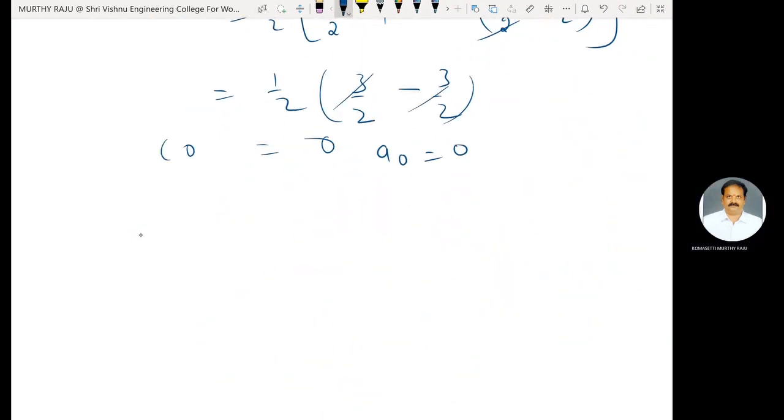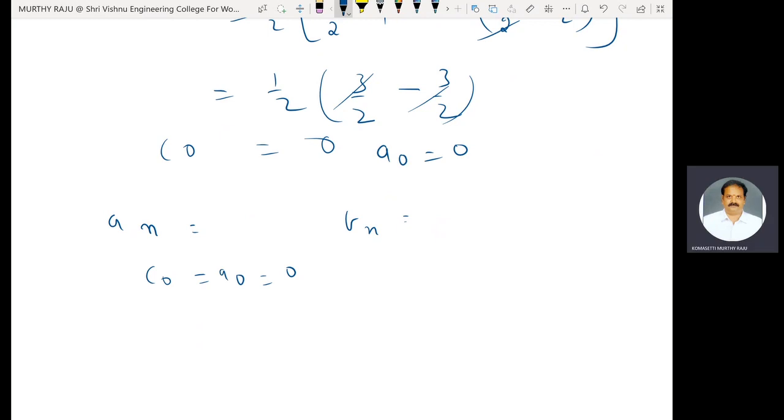Therefore, an is determined, bn is also determined, and C naught equals a naught equals 0.